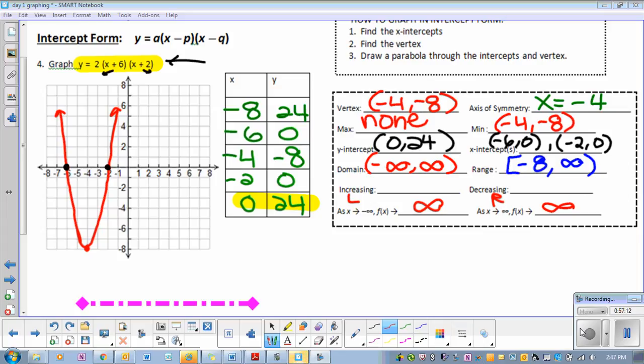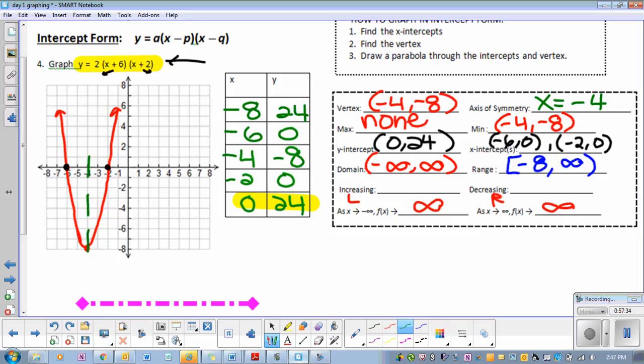Now the increasing and decreasing. Do you need a few more seconds? Alex, do you have it done? Increasing and decreasing? Where did you draw the line? Okay, -4, because that's your axis of symmetry.